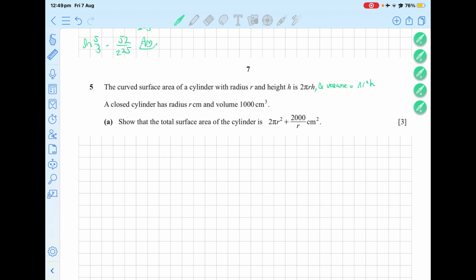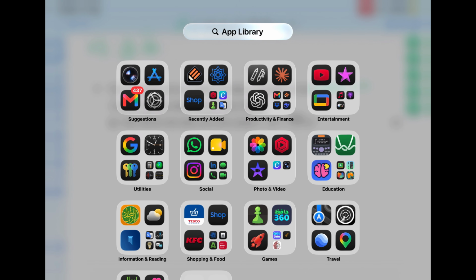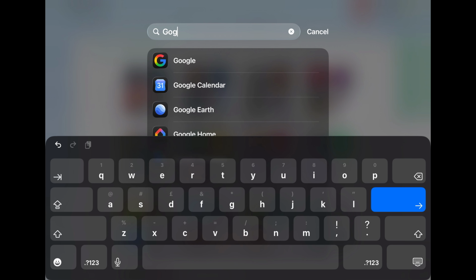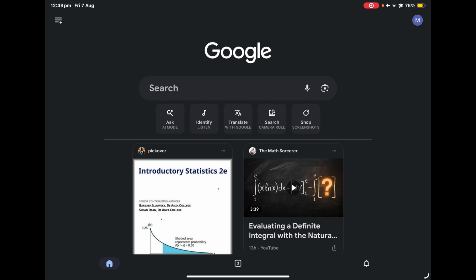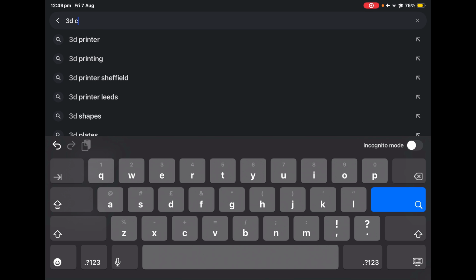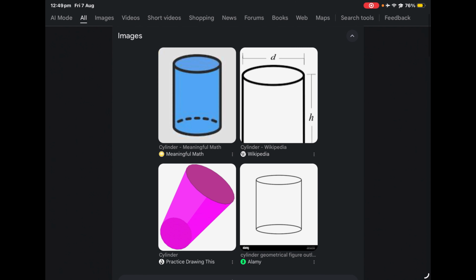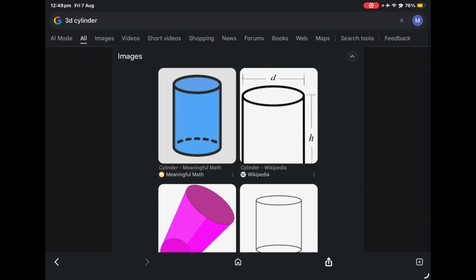So let me just draw a cylinder for you. I'm just going to use one from Google. So let me just type 3D cylinder. Let's just use this.